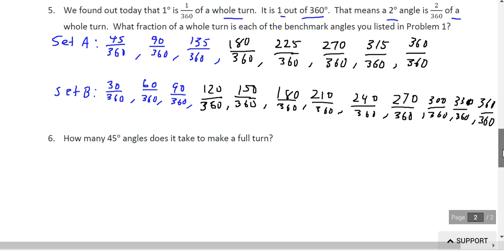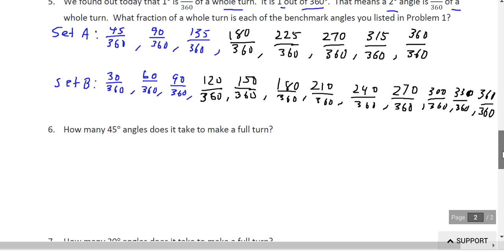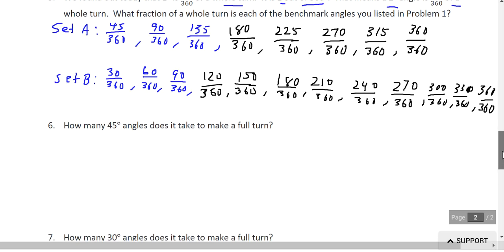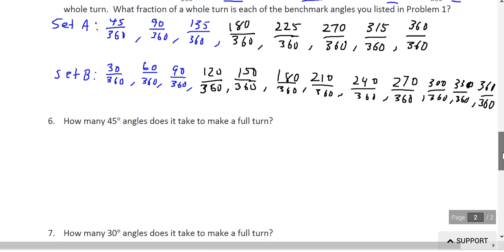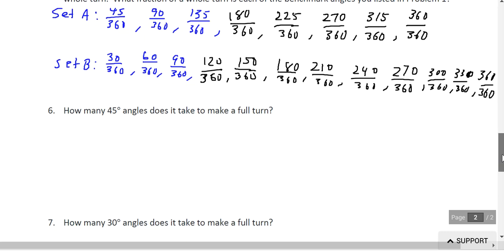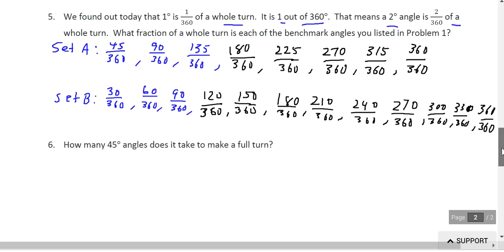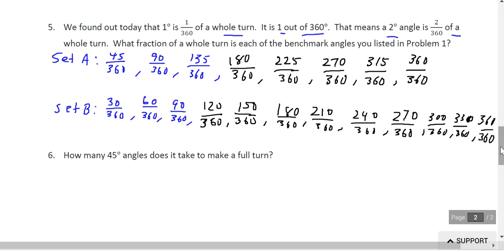How many 45-degree angles does it take to make a full turn? How many does it take? Well, here's a clue. 1, 2, 3, 4, 5. Okay, that's right.